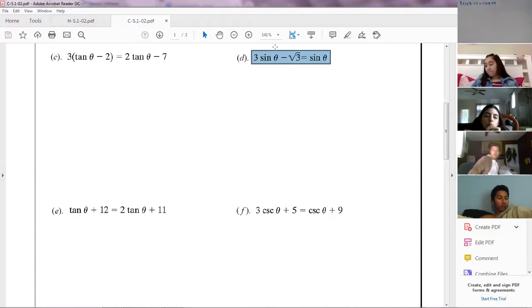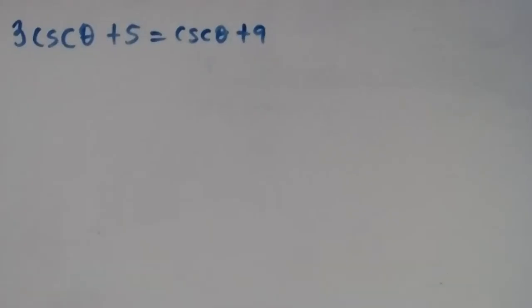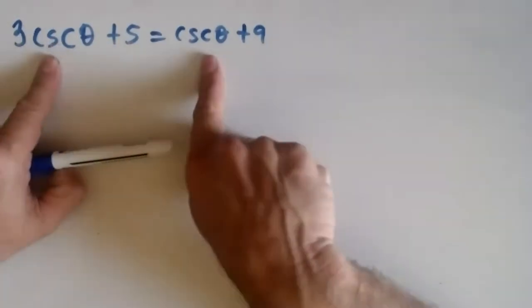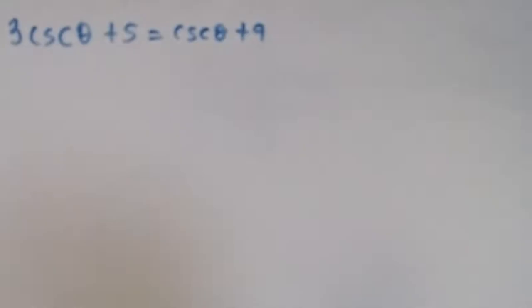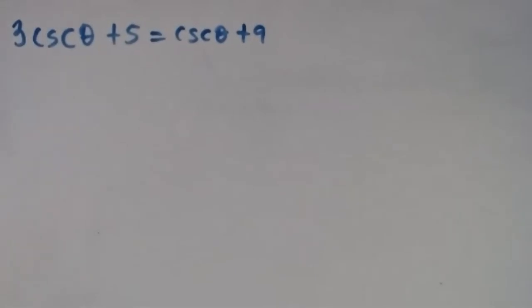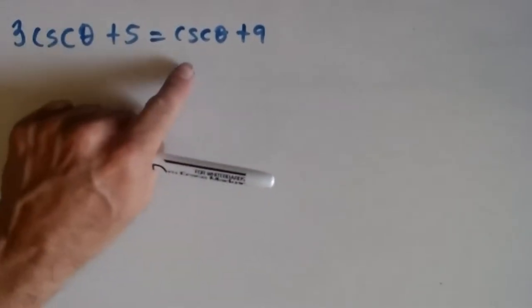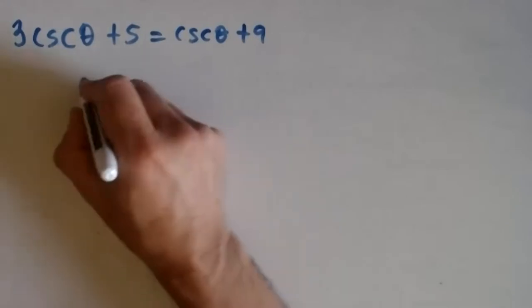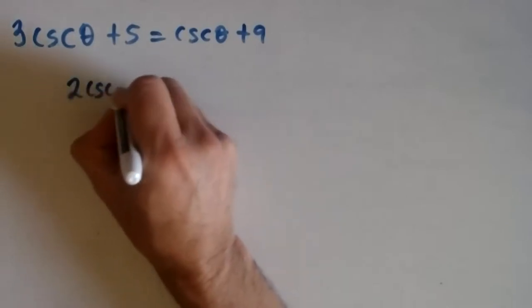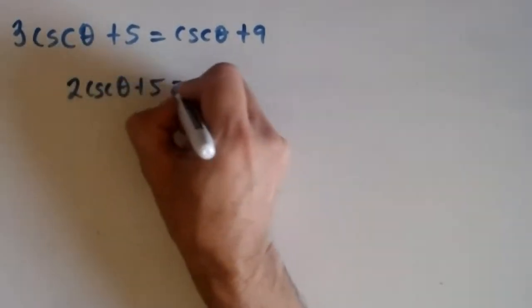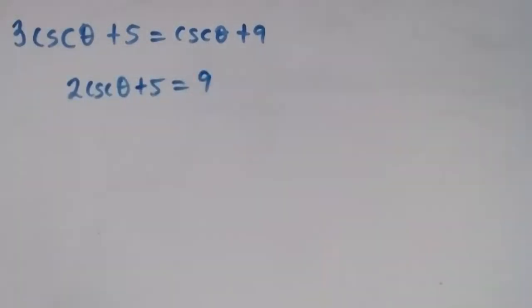Let me go to my screen. 3 cosecant theta plus 5 equals cosecant theta plus 9. Again, this is x, so I'm not going to cover it with x. I know that 3 cosecants minus 1 cosecant are really 2 cosecants of theta plus 5 equals 9, correct?